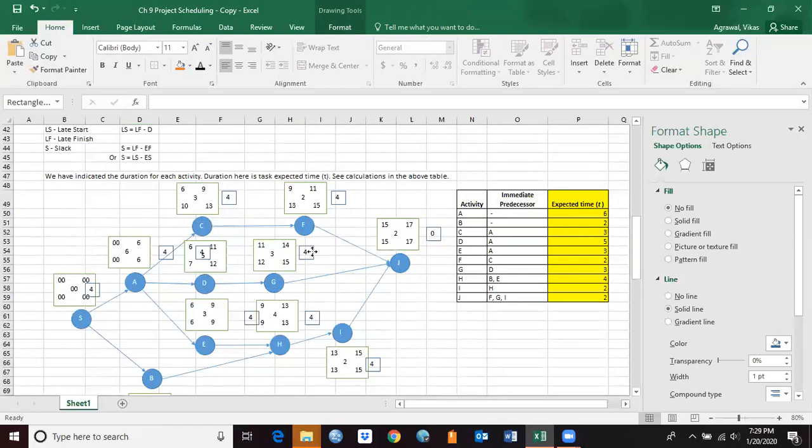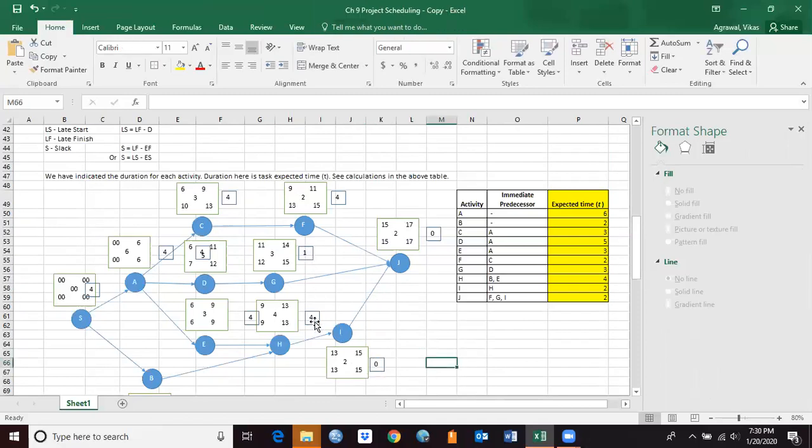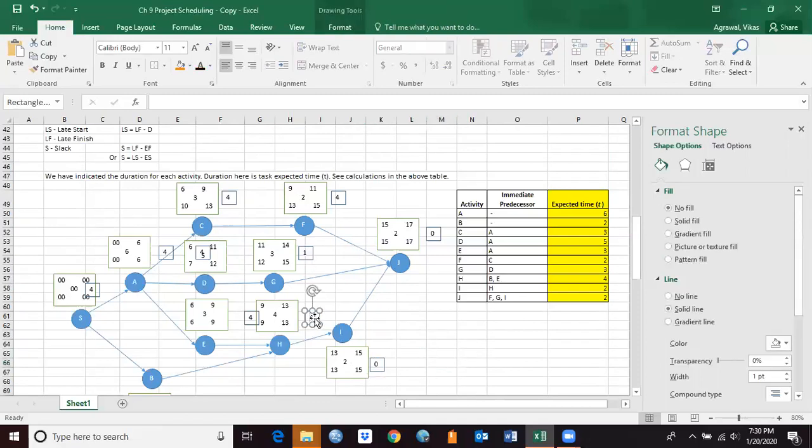Here 15 minus 14 is 1, so slack is 1 here. 15 minus, let's say here 15 minus 15 is 0, right? 13 minus 13 here, or 9 minus 9 is 0, right? And this one is 9 minus 9, or 6 minus 6 is 0 here.